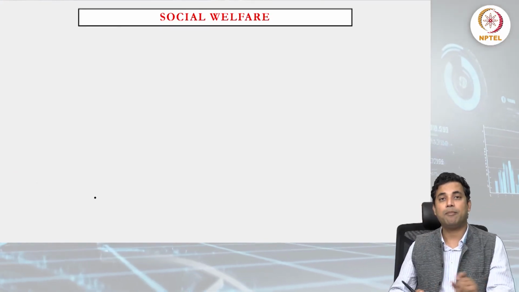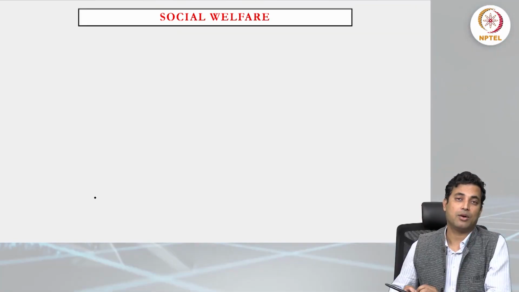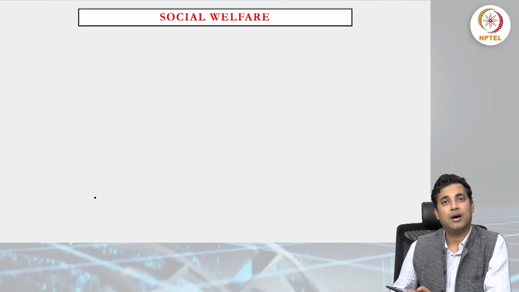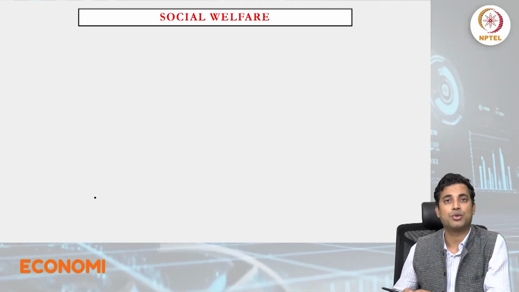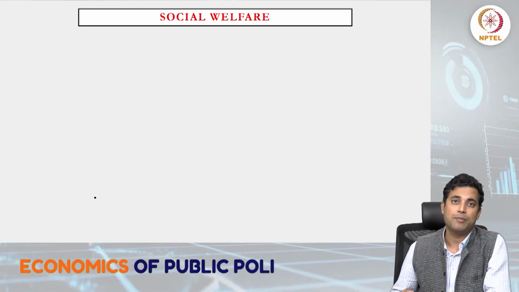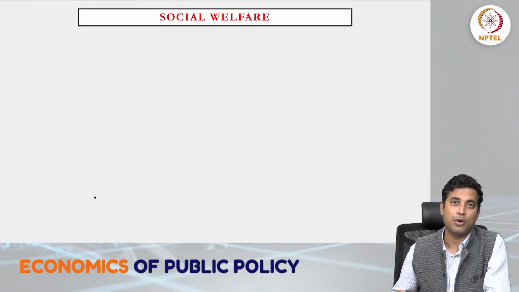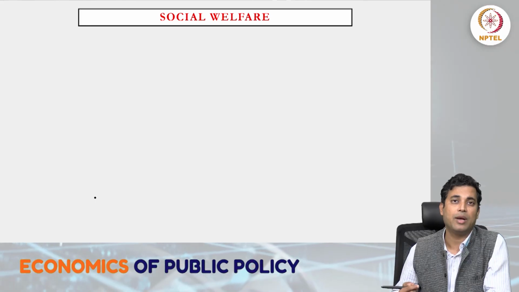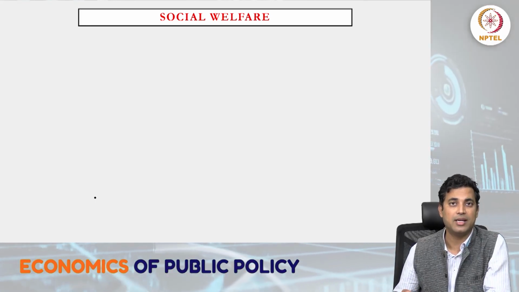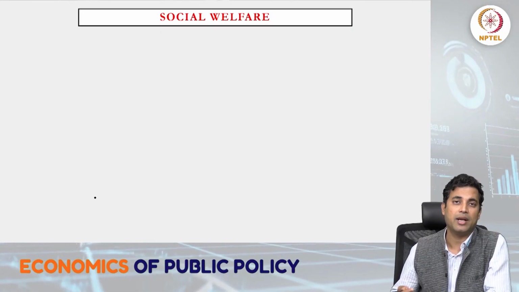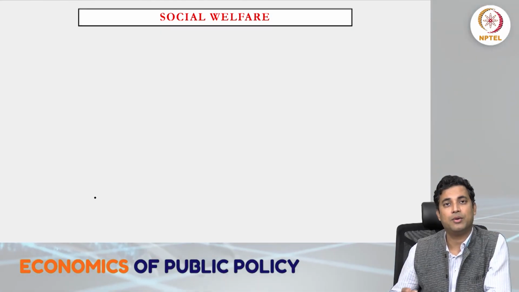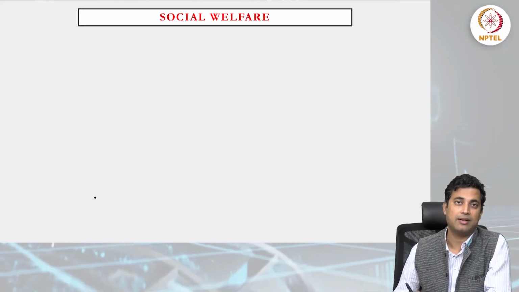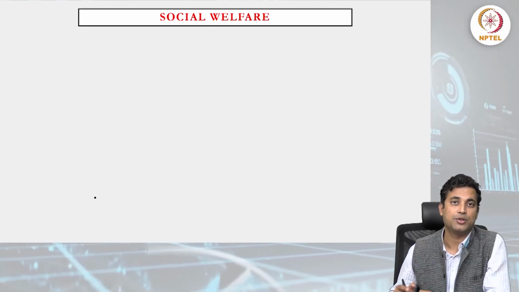So now, in the public policy context, especially cost-benefit analysis, what is important is to understand social welfare. Especially when we talk about welfare economics, it is very important to understand what the welfare function is for the society, which gives the entire utility framework, both at the individual's level as well as at the society's level.